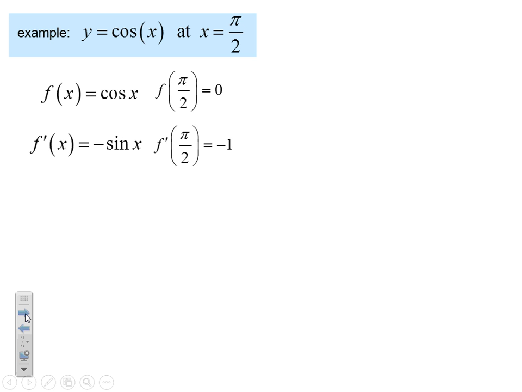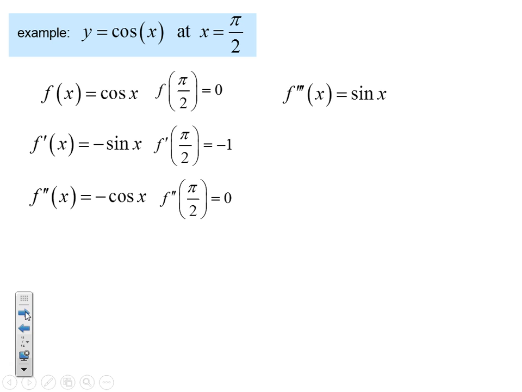Our second derivative is negative cosine, and when we evaluate that at pi over 2, we get 0. Our third derivative is going to be positive sine, and when we evaluate that at pi over 2, we get a positive 1.